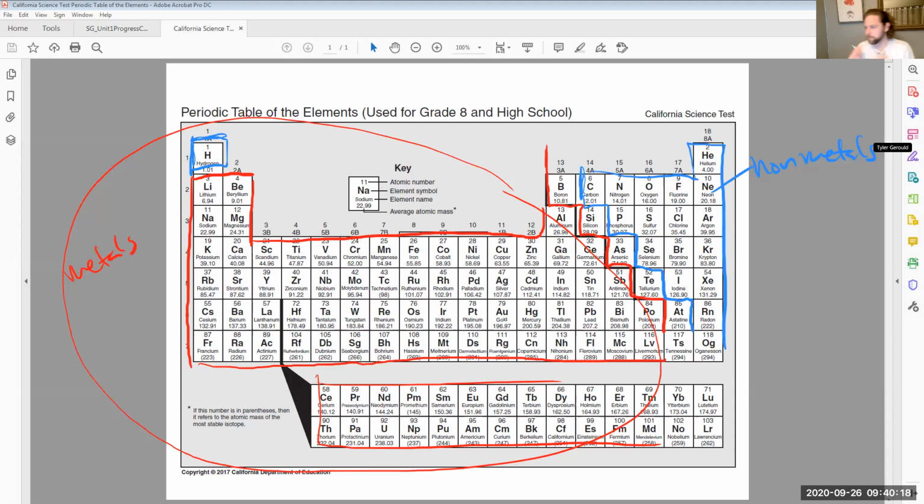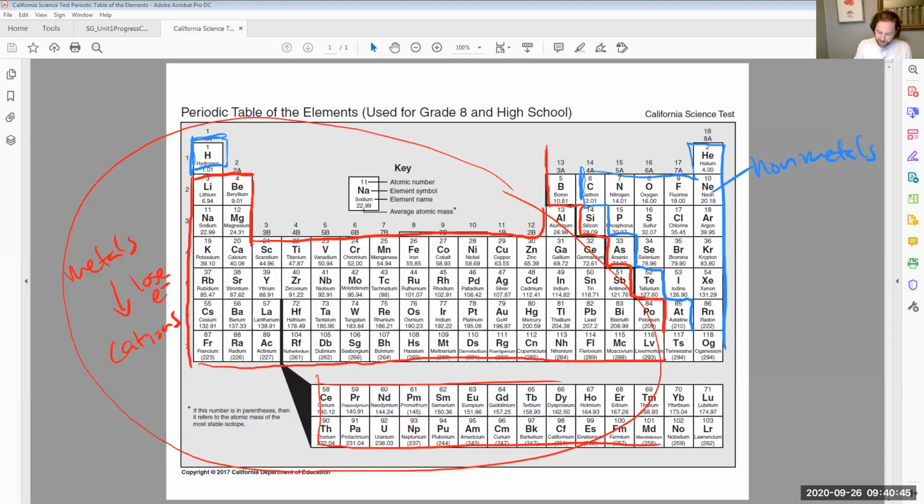So one of the big properties that differentiates metals from nonmetals is how they ionize. What we can predict is that metals, when they ionize naturally, are going to form cations. So metals consistently lose electrons when they ionize. And that's one of the main properties of metals and the main thing that differentiates metals from nonmetals.